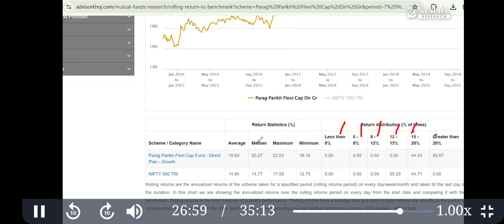Suppose people invest in this fund and hold it for 7 years, everyone got more than 15% return. See this. 55% people got more than 20%, and the remaining got between 15 and 20. So no one got less than 15% in 7 years.